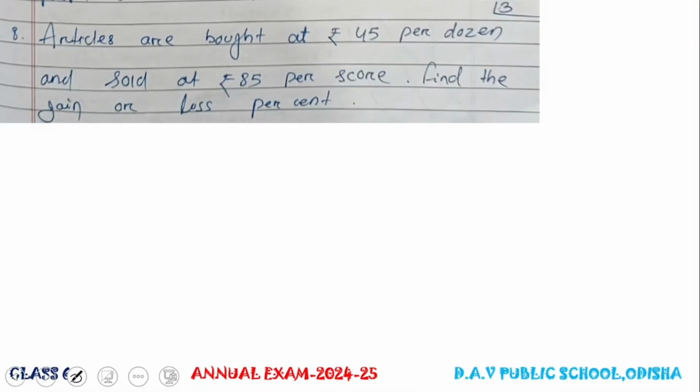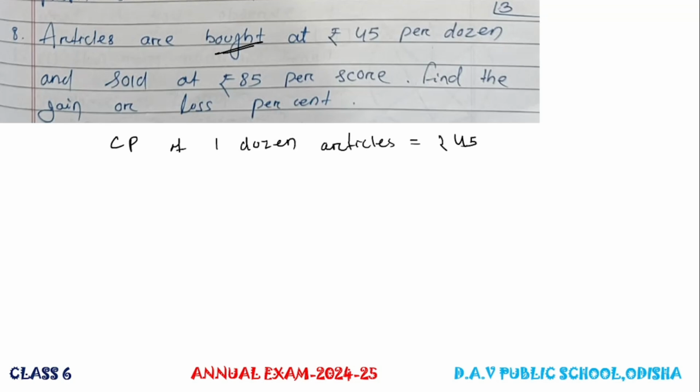The articles are bought at rupees 45 per dozen. Okay, so we can write CP, bought means CP. So CP of 1 dozen articles equal to 45 rupees.